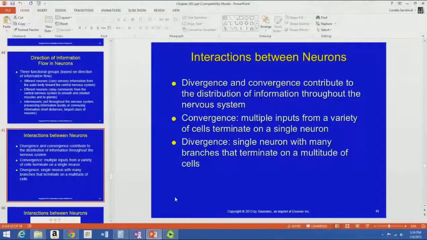Convergence is when you get multiple inputs from a variety of cells on a single neuron. So you picture those multipolar neurons that have all sorts of different dendrites, and they're getting tons of input from different neurons. Divergence is where a single neuron has a lot of branches that terminate on a lot of different cells.